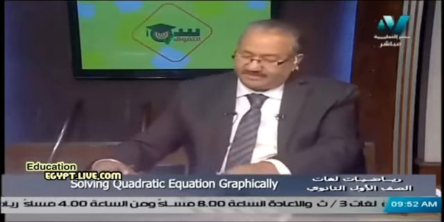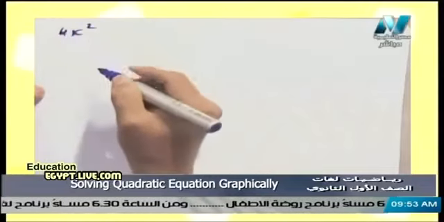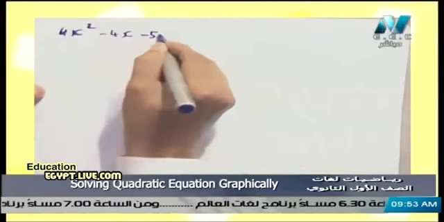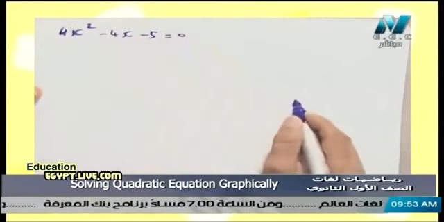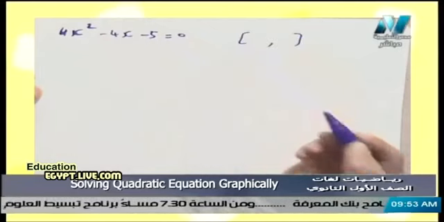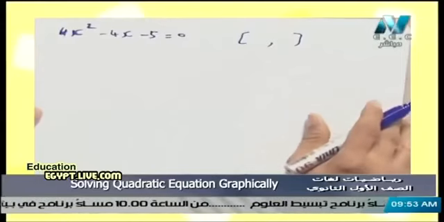Solve again this equation, 4x power 2 minus 4x minus 5 equals 0 graphically, but he didn't give us an interval. So we have to find a solution.